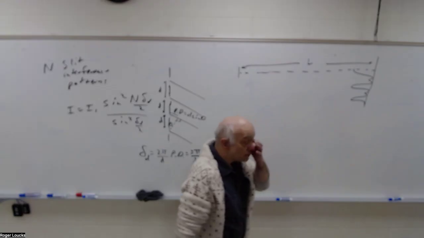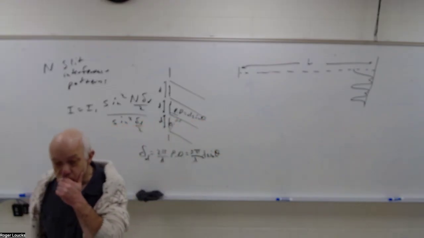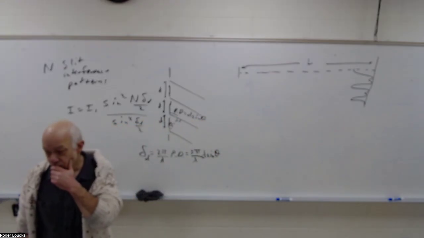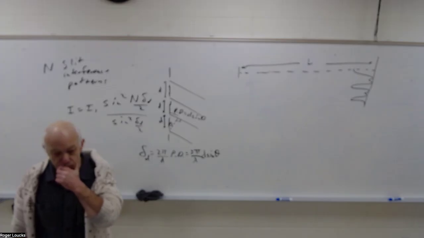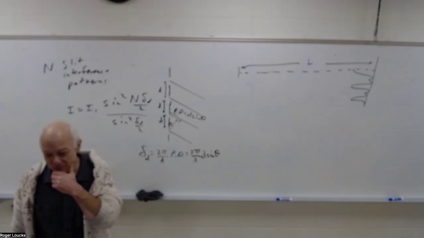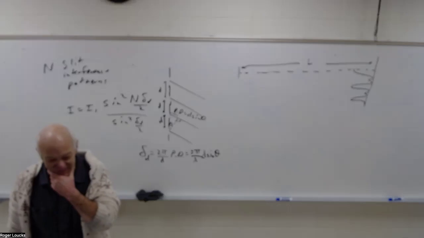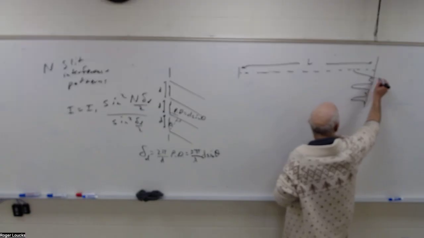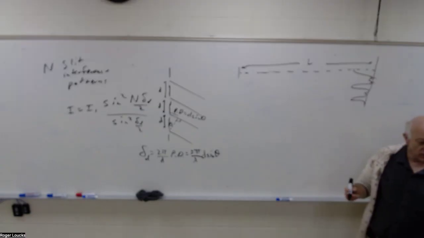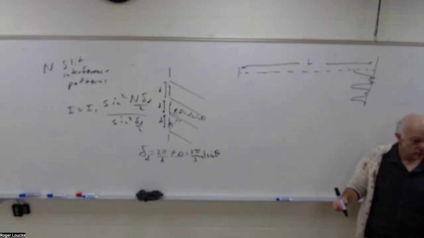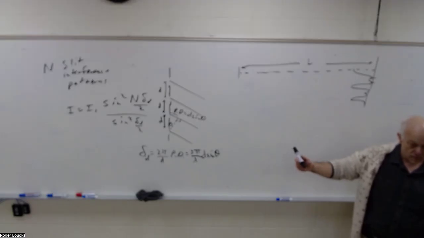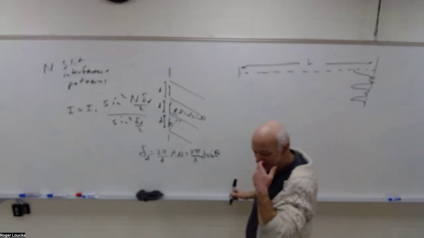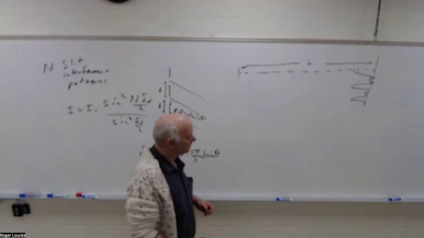How many slits would that be? 2 slits. Everyone agree? Tell me why it's 3. There's 2 minima, minimum here and minimum here. The number of minima between the peaks is N minus 1, so that's 3 slits.